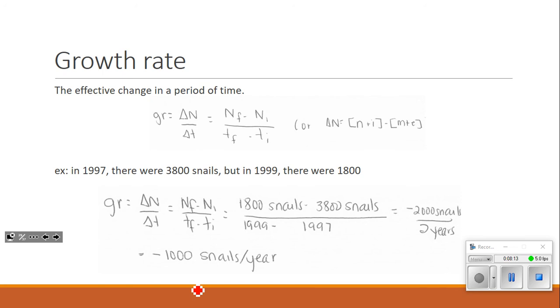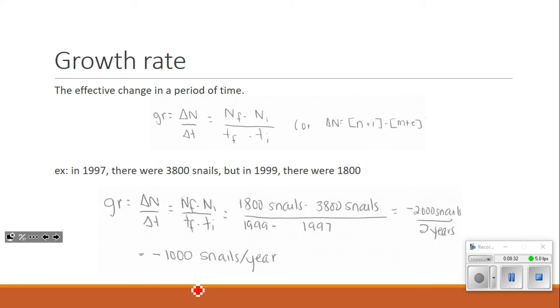Delta n over delta t. So what's the change in the population divided by the change in time? In this scenario, I don't know how many were born and how many died. I could probably infer it, but I do know the final and the initial population.